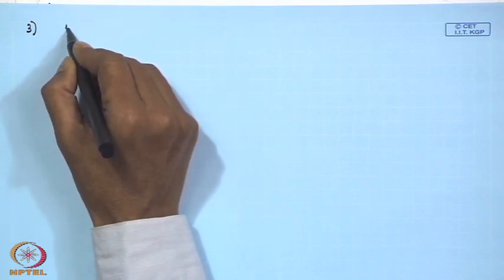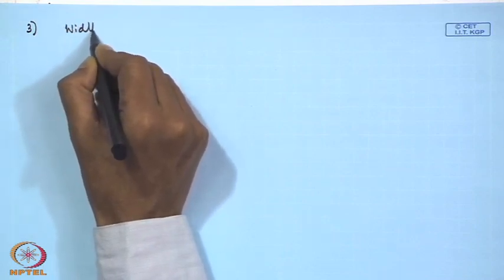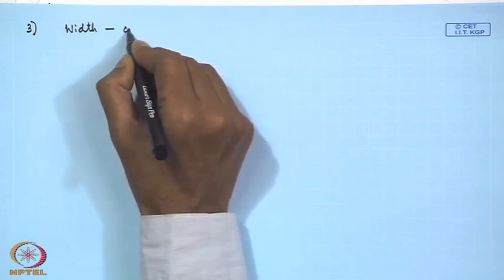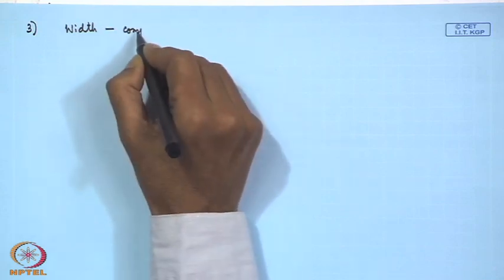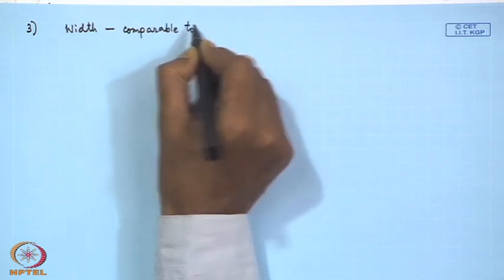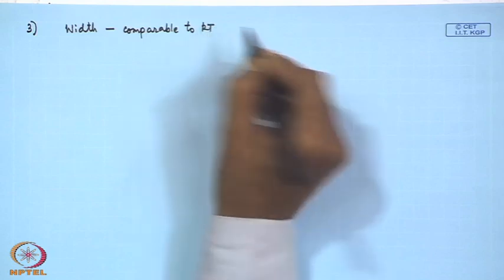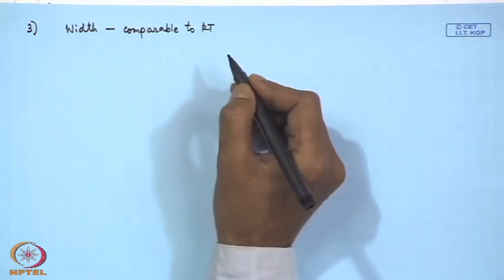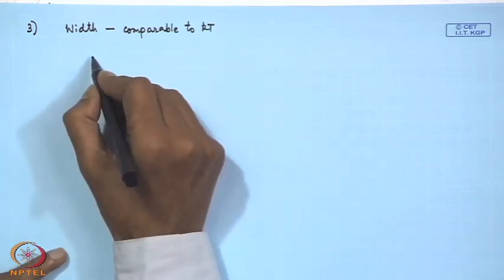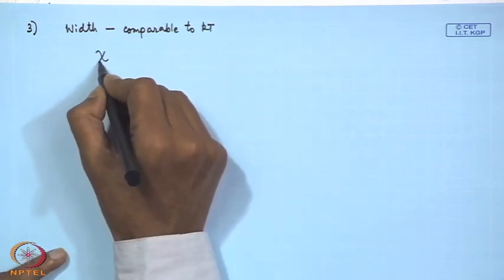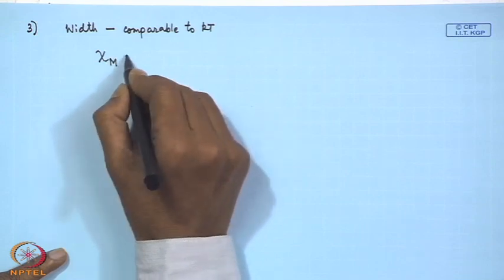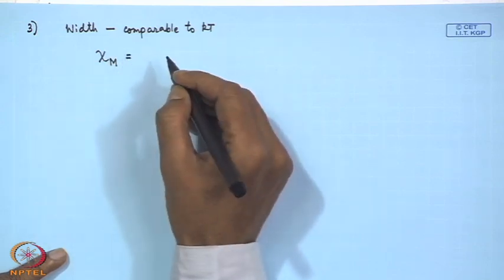So, when the multiplet width is comparable to kT, we get a situation where we see how the individual ions are being populated in the different levels.